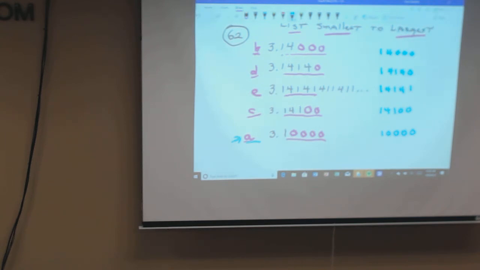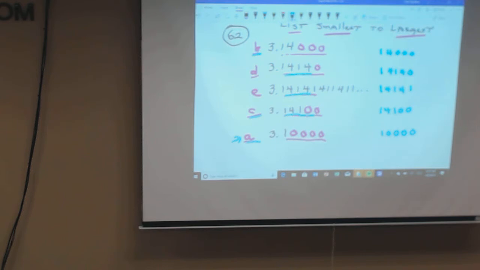Then B would be the next one. Well, here's 141, 141, 141, 140. So that's the next one. You say, yeah, but what do we do about C, D, and E? Well, here's 1414, 1414, 1410. That's C. See what's going on?